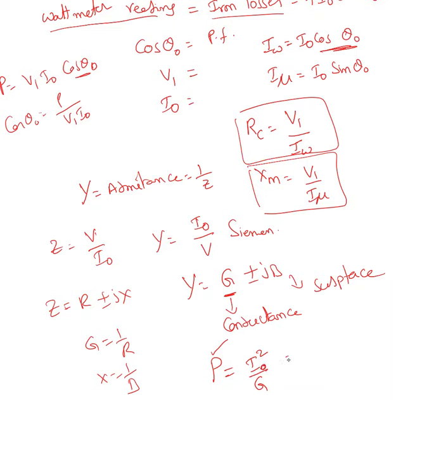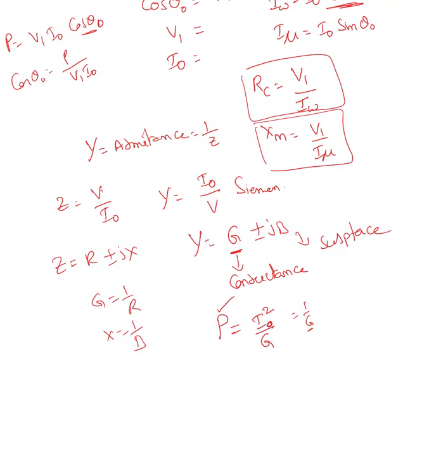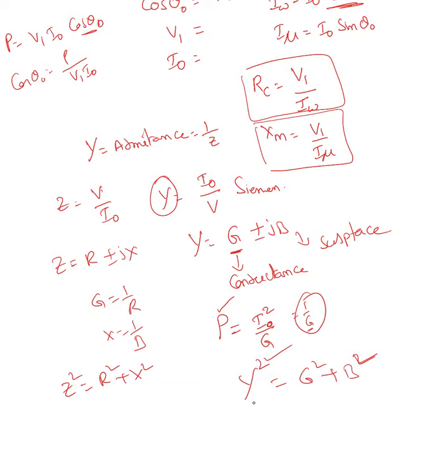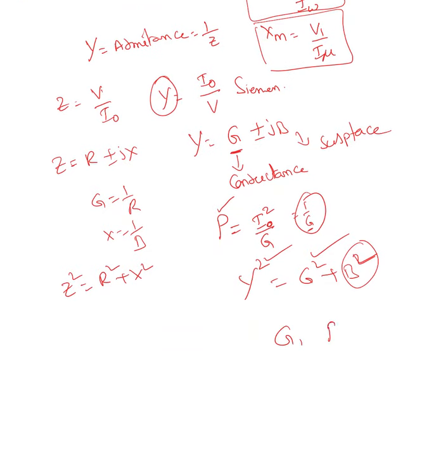From there I can find 1 over R. Once we have G, from here I found the Y, and from here I found the G. It's just like Z square equal to R square plus X square. Same way, Y square equal to G square plus B square. Now I have Y and G, and from there I can find B.